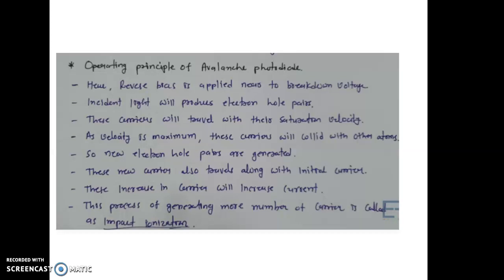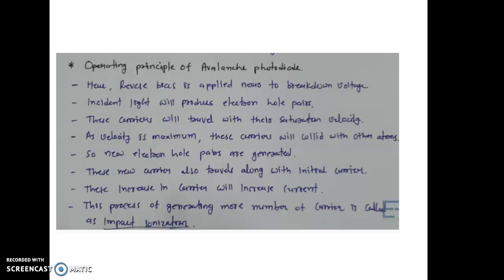Operating principle of avalanche photodiode. Here reverse bias is applied near the breakdown voltage. Incident light will produce electron hole pairs. These carriers will travel with a saturation velocity. As velocity is maximum, these carriers will collide with other atoms, so new electron hole pairs are generated.